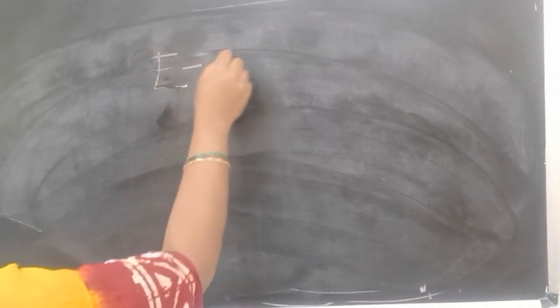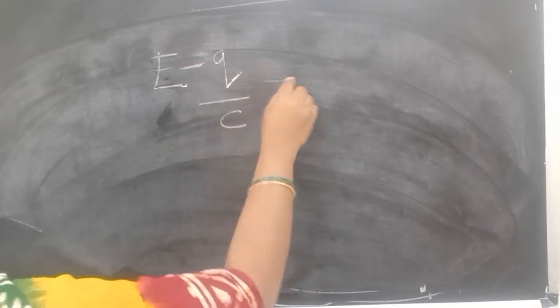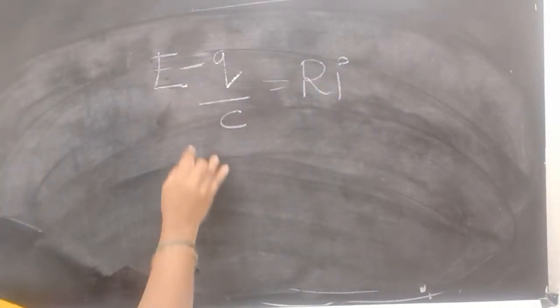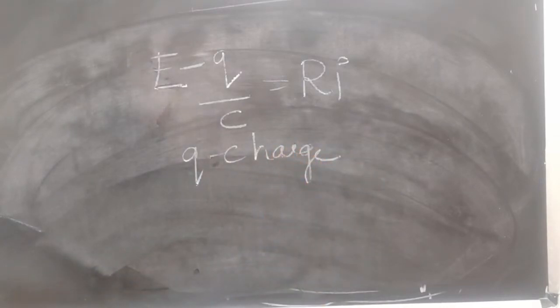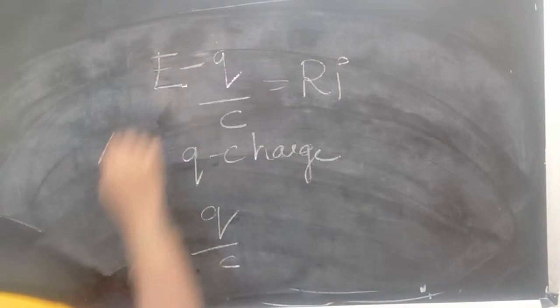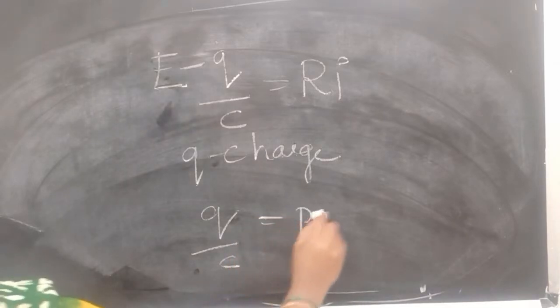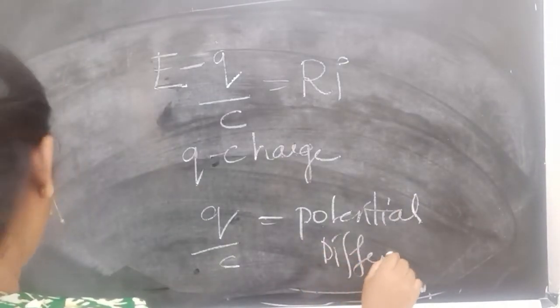E minus Q by C is equal to R into I. In this, Q is the charge across the condenser, and Q by C, the second term you have taken here, is a back EMF, or else you can write it as potential difference.